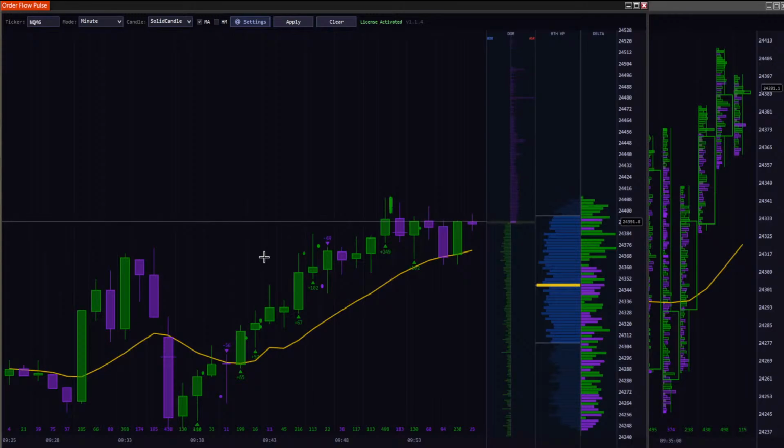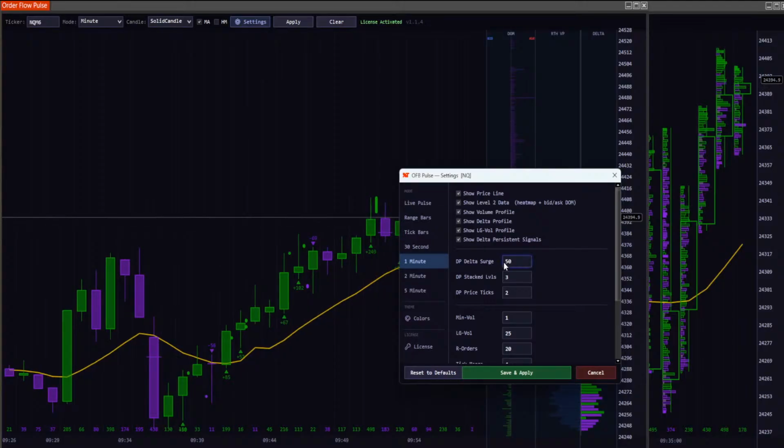This right here was a telltale. You see how the delta surges right there? We had 102, we had 67, then we had a 249 delta surge, and it closed below that, and then we're just consolidating around. Now this delta surge, if you look at the settings, is a delta surge of 50, it has to be 50 or more, with stack levels of 3.